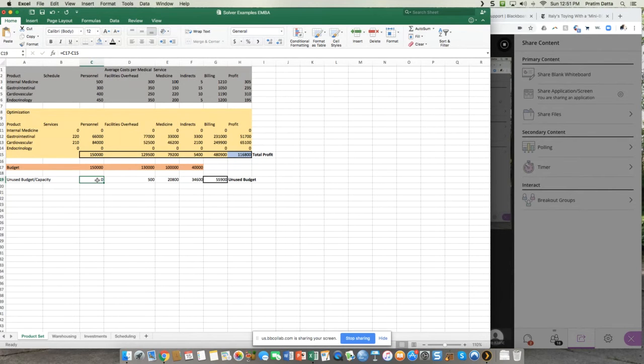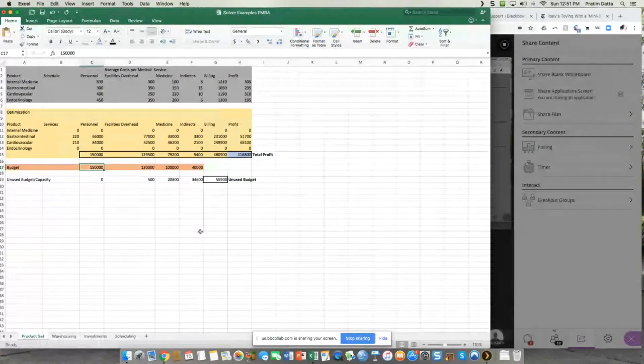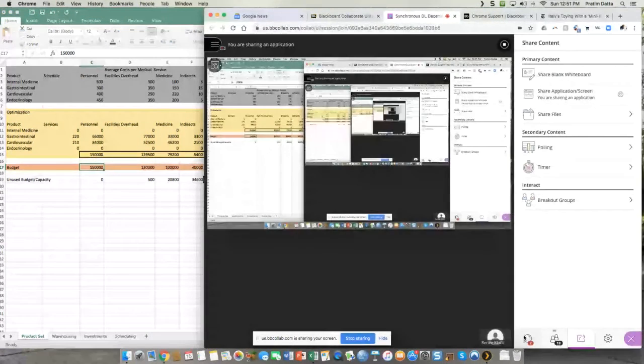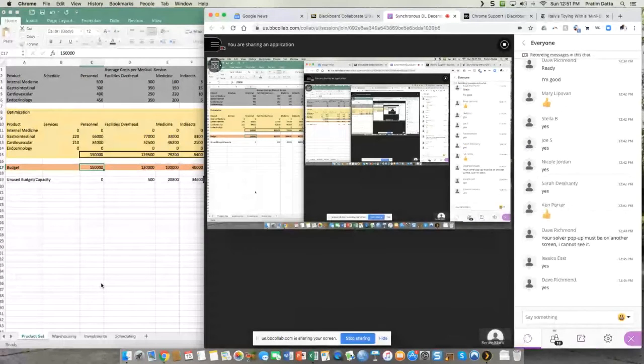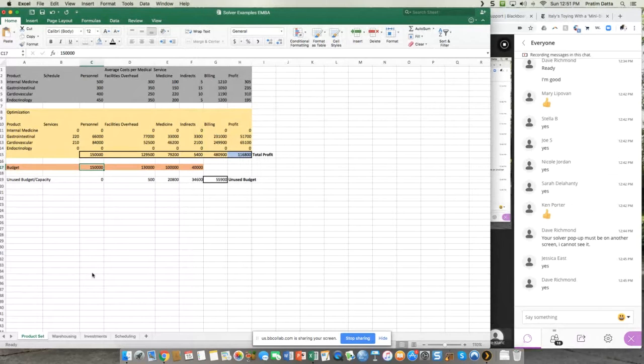Can somebody propose a number to add from that 56,000? We want to divvy that 56,000 into operational reinvestments back into the system. How much should we add to the personnel budgets?